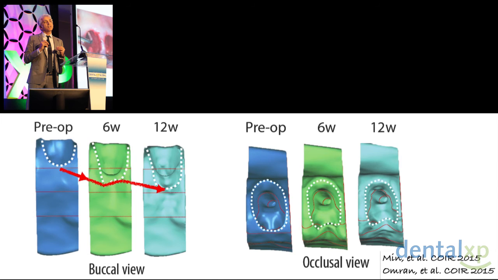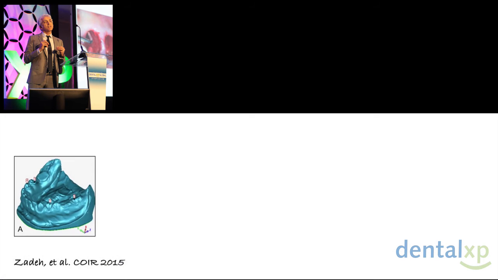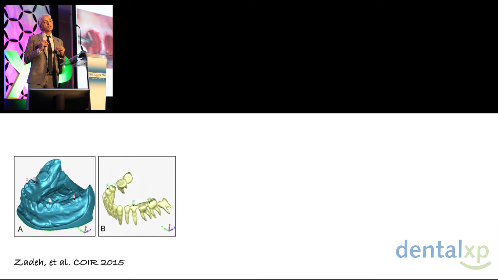But one thing that has not been known is the mucosal changes that take place. Last year, Professor Boozer did a publication about the changes in the mucosal contour after tooth extraction.